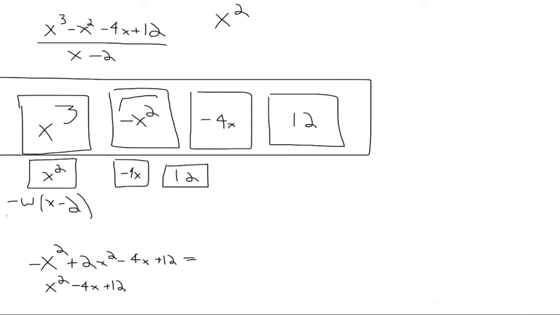So we're subtracting w times x minus 2, and we know that w times x minus 2 must have an x squared in it. Which one are we going to choose to multiply by w to equal x squared? We're going to choose the x, because it has a higher exponent on the variable. So w times x is going to equal x squared.